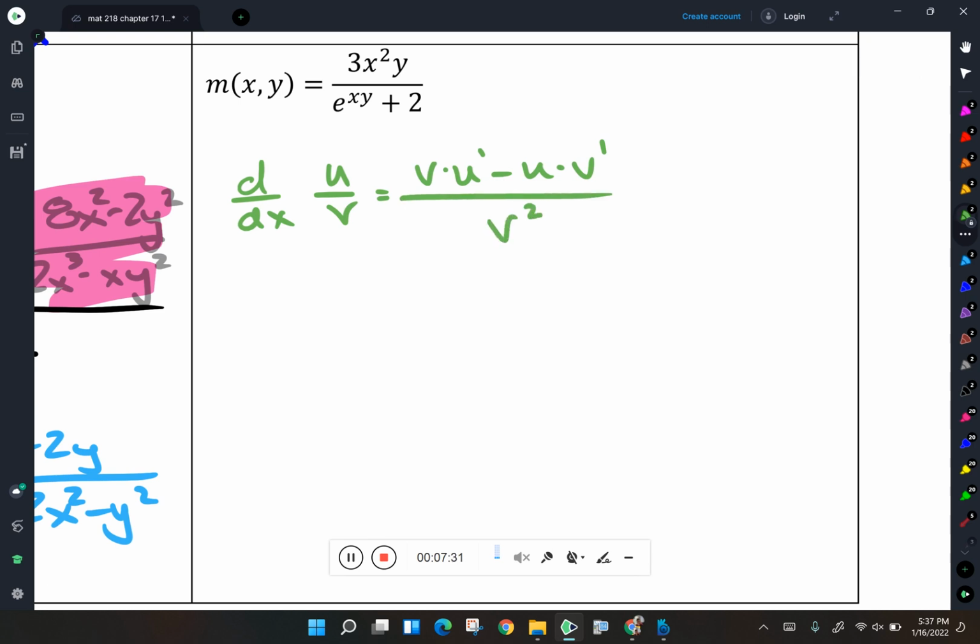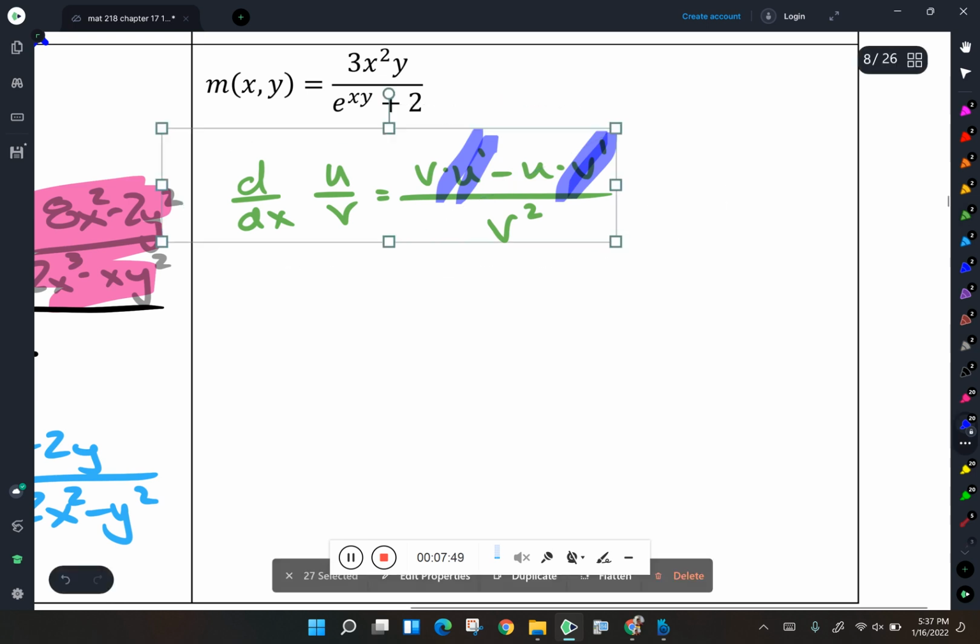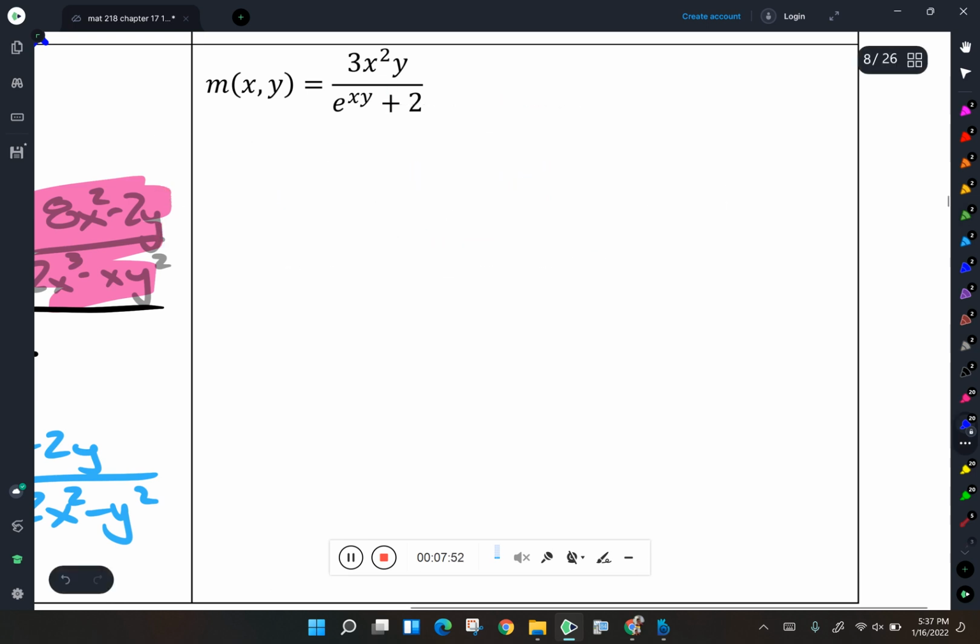The derivative of a fraction is the denominator times the derivative of the numerator minus the numerator times the derivative of the denominator over the denominator squared. Just now when we do these, we aren't taking derivatives, we're going to have to take partial derivatives. Okay. So the refresher's out of the way. Let's go ahead. Oh, a y squared got erased over there when I did that.